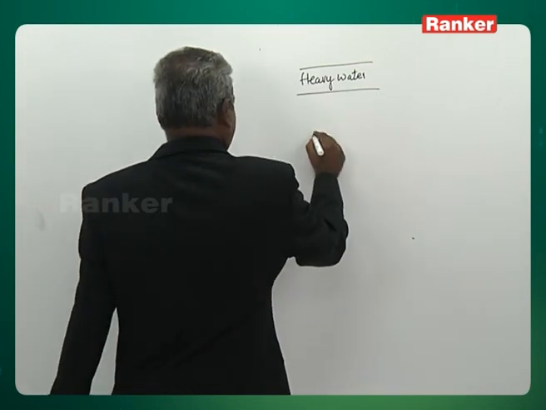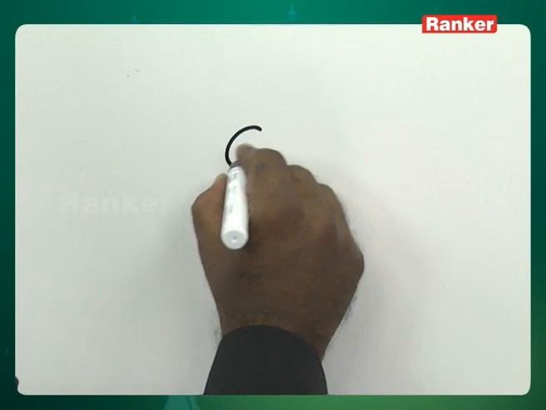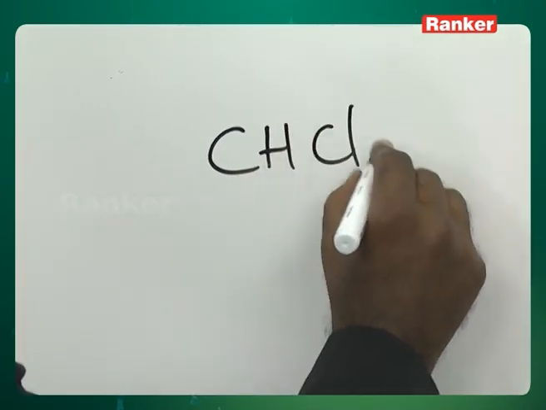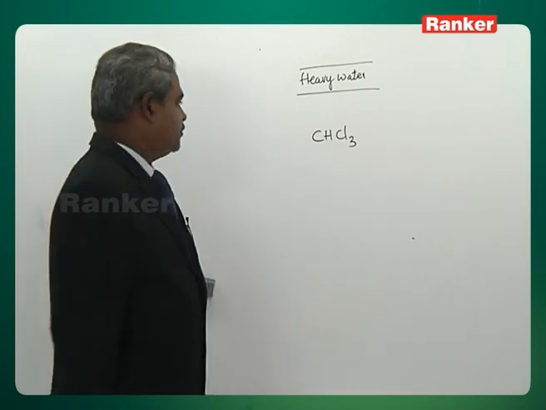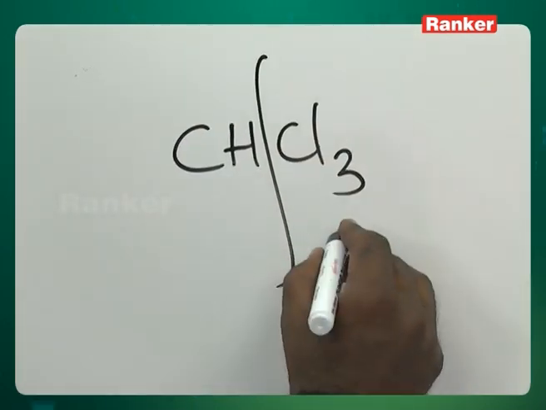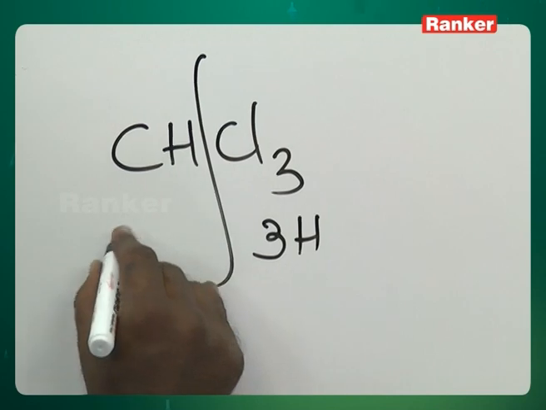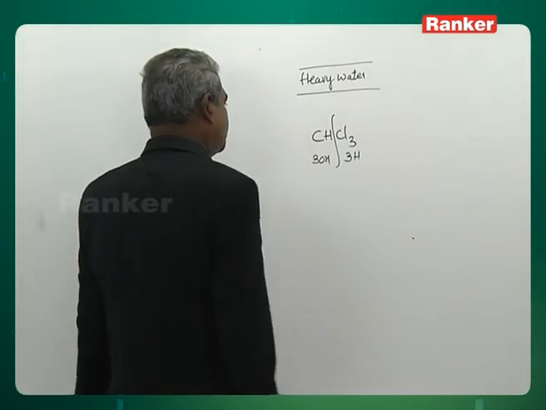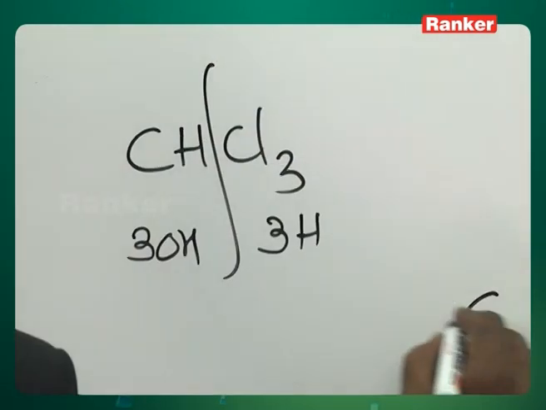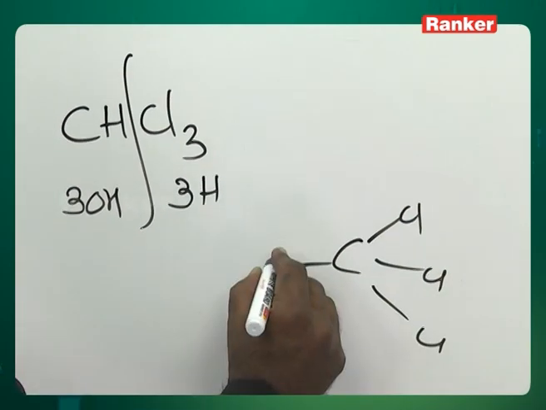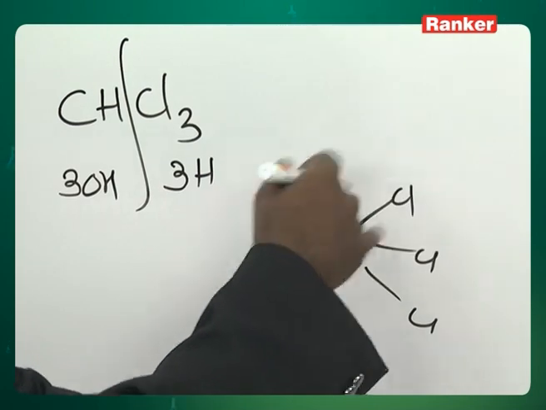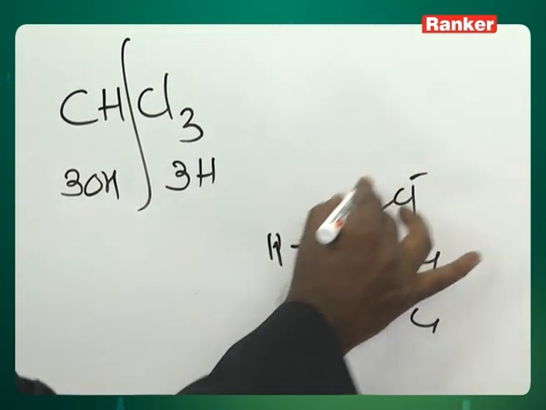Out of interest, let us hydrolyze CHCl3. What do you mean by hydrolysis? Break the bond. 3H, 3OH. Why am I breaking 3 bonds only? The CH bond cannot be broken, remember, because there is not much of a polarity. There should be some polarity, plus minus. Chlorine minus, plus.